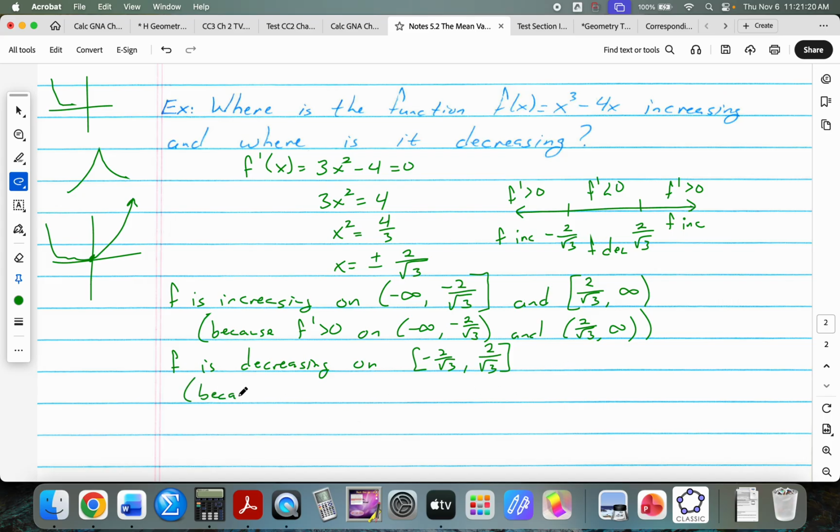Again, your justification for that would be because f prime is less than 0 on the open interval from negative 2 over the square root of 3 to 2 over the square root of 3.